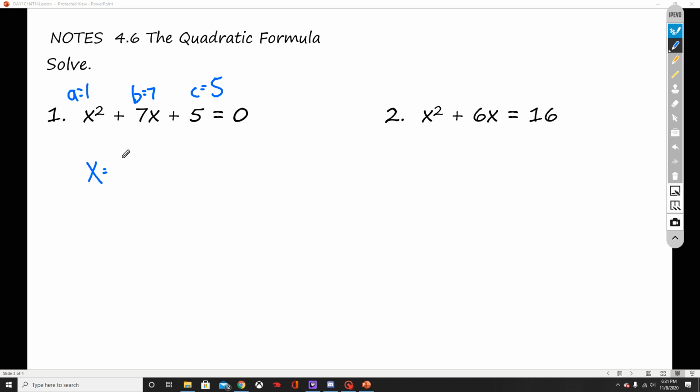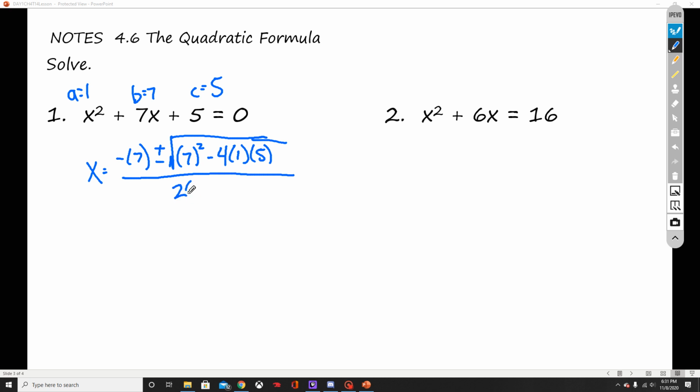So x is equal to negative b. B is 7, so negative 7 plus or minus the square root of b squared, so 7 squared, minus 4 times a, which is 1, times c, which is 5, and all of this is over 2 times a, and a is 1, so 2 times 1.